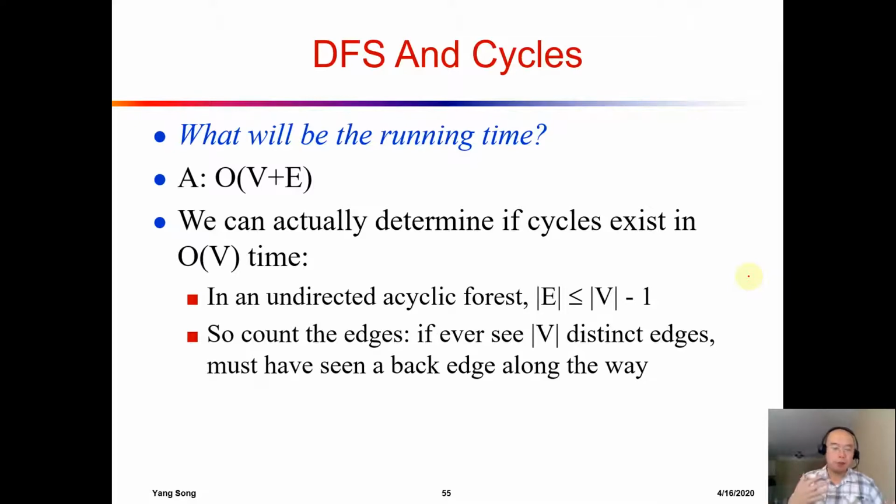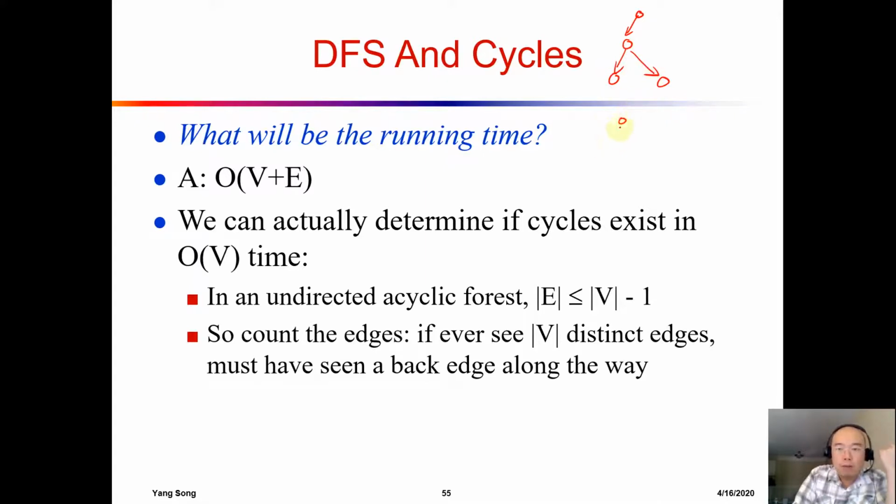We have to understand, if we have a tree structure or a forest structure, what is the maximum number of edges we can have? For example, if we have 4 nodes, and we want to form a tree structure, we have only 3 edges.